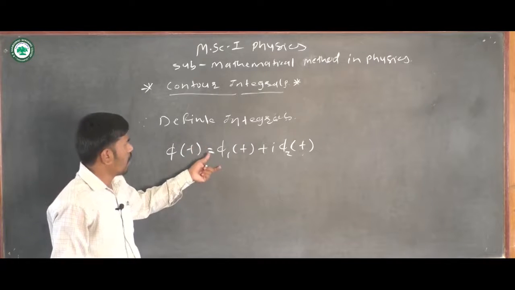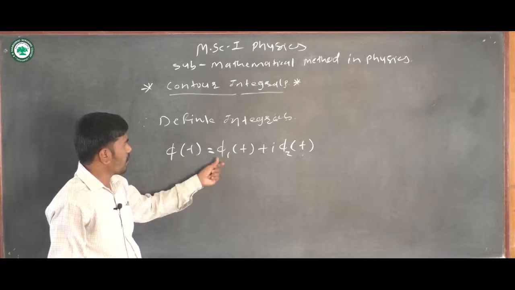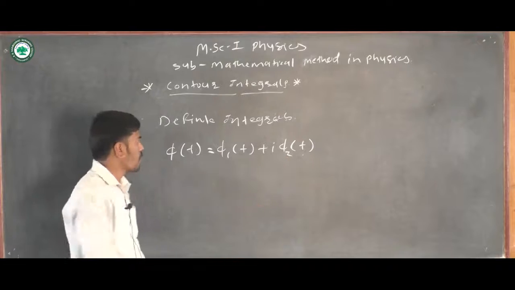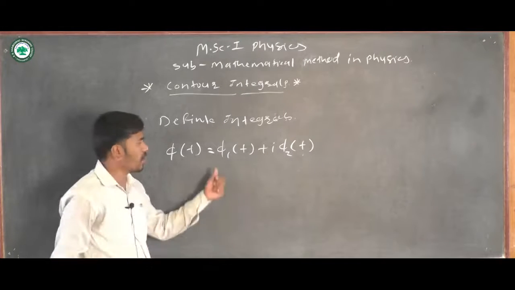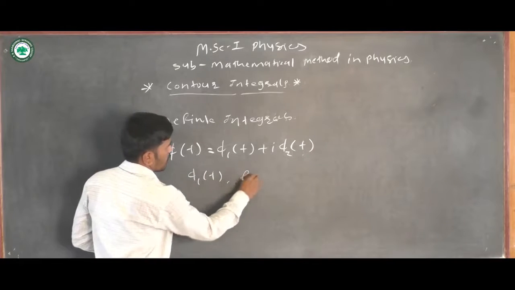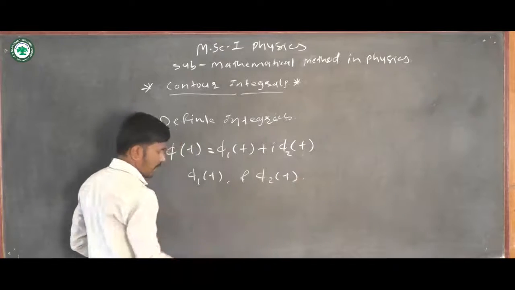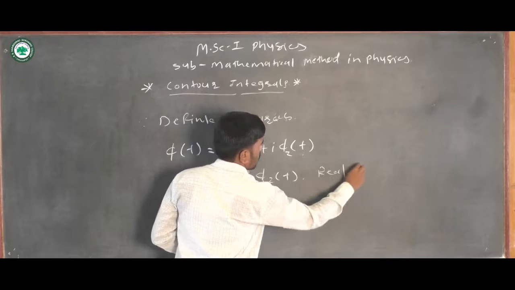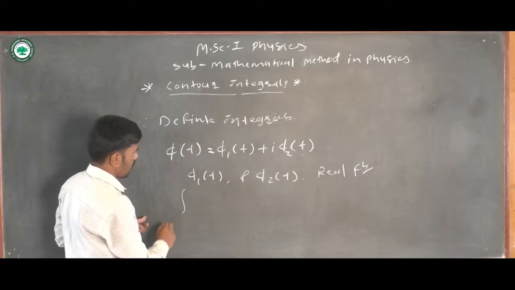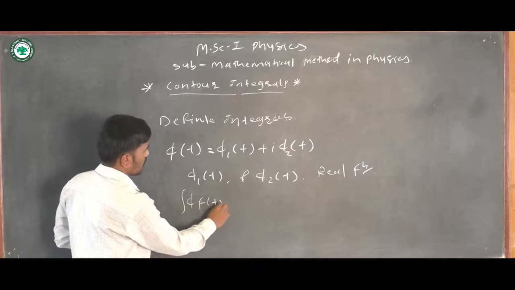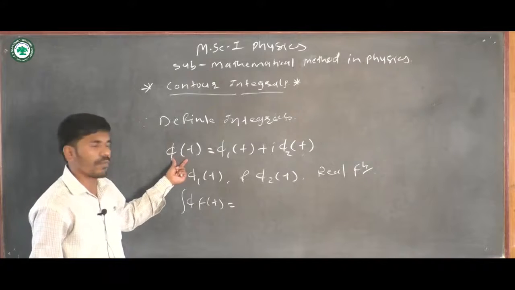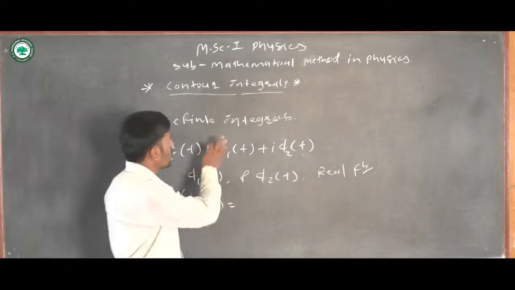Some basic rules of integration can be applied here to find the values of phi 1 and phi 2, where phi 1 t and phi 2 t are real functions. By using this basic rule of integration, we can calculate the value of the function phi t. So this is about definite integrals.